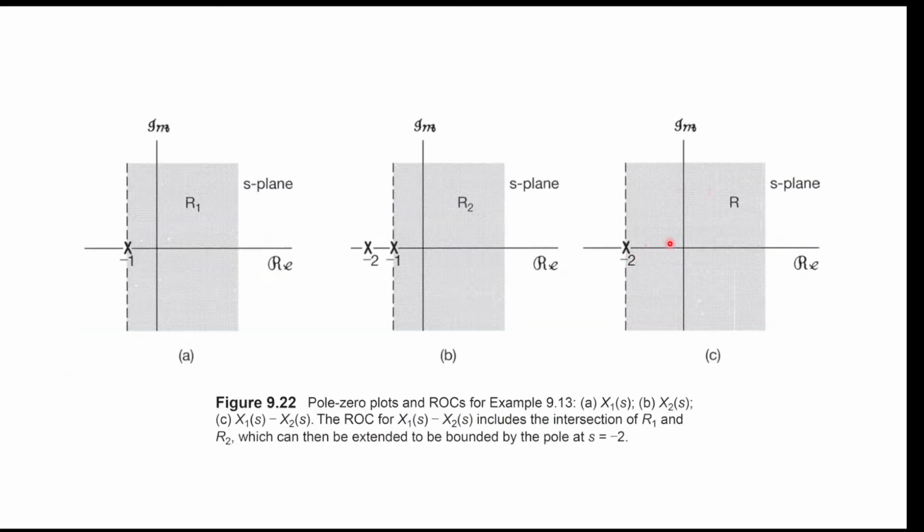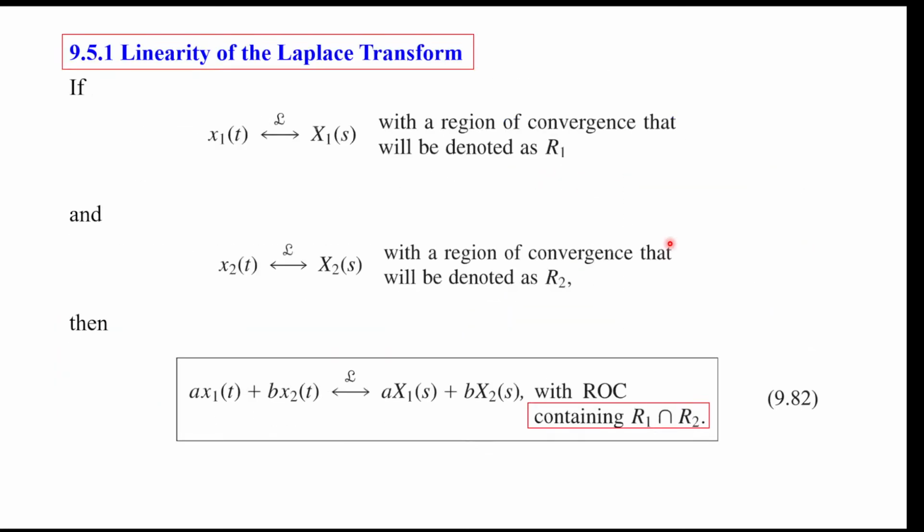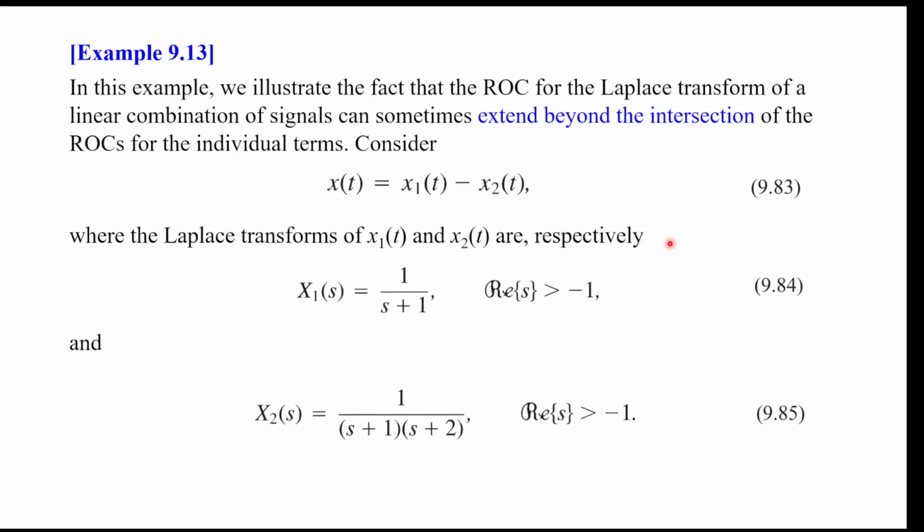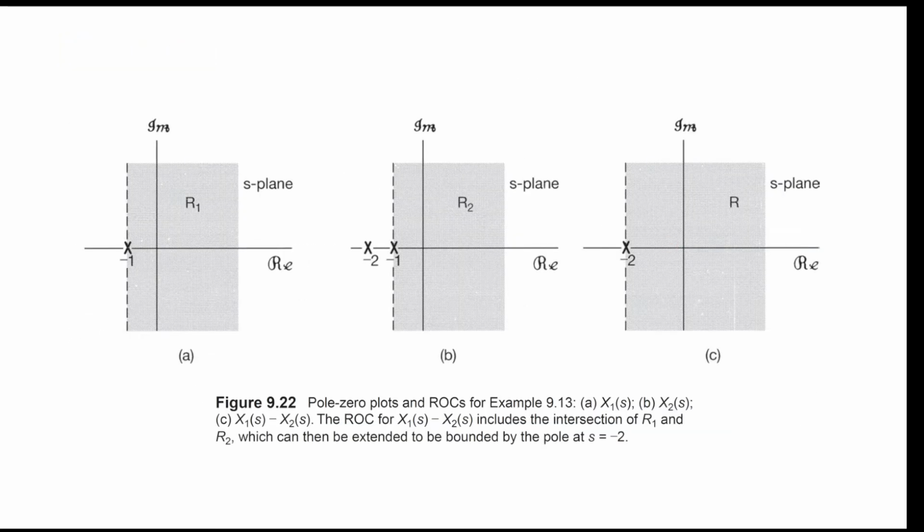And since there is no pole at -1 anymore, the ROC extends to -2. So the R1 R2 intersection was the part greater than -1, but because the pole at -1 cancels, the ROC extends to greater than -2.